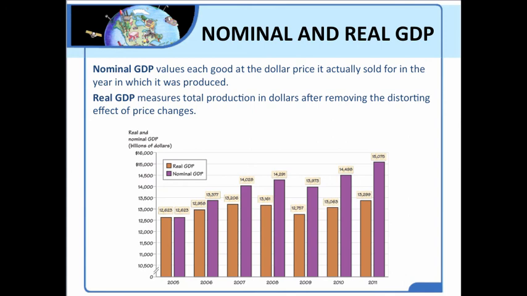The real dollar value in any year is calculated using the prices in the base year. For example, the figure for real GDP in 2010, according to the graph, tells us what the dollar value of total production would have been in 2010 if the price of every good had remained at its 2005 level. Real values are often called constant dollar values.